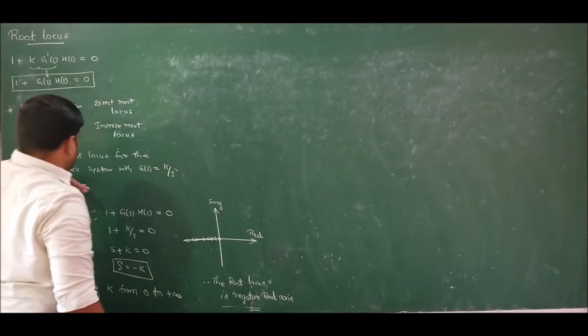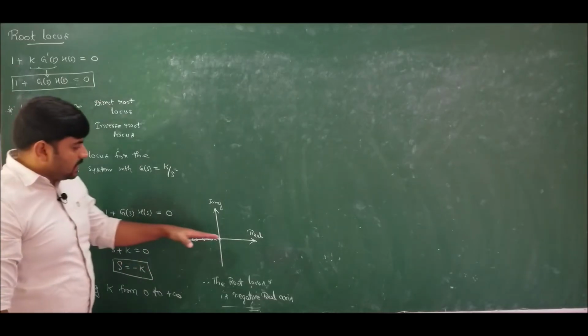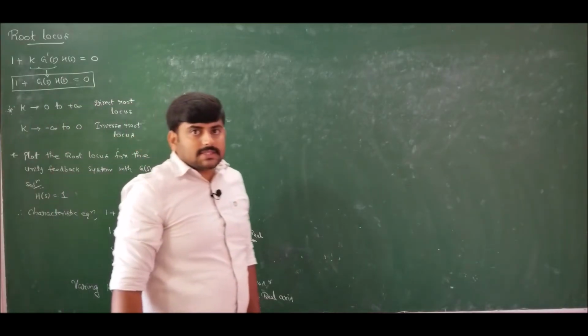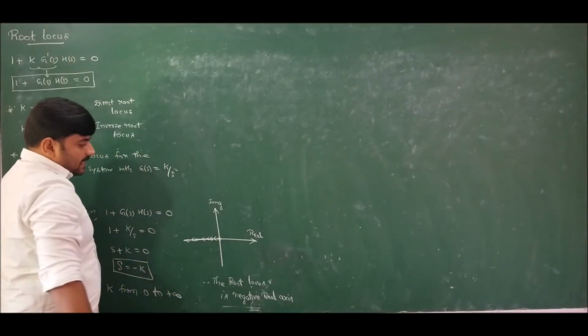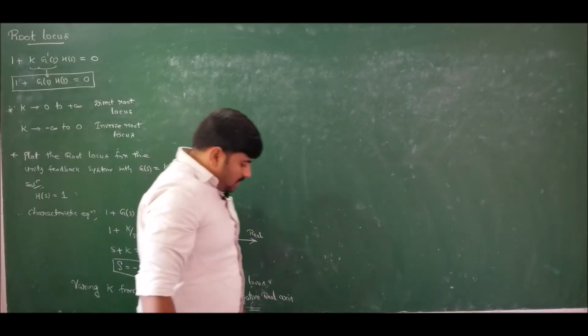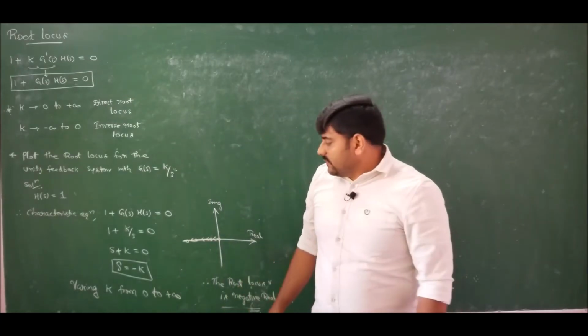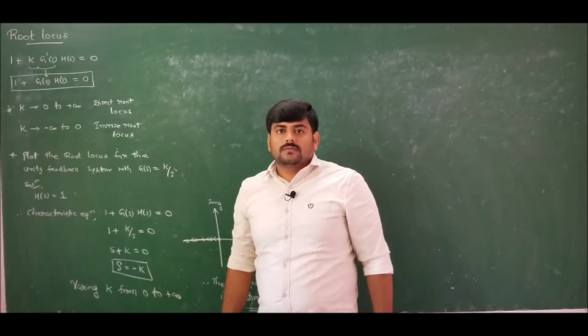So what is the solution for this problem? The root locus is the complete negative real axis, that is towards the left half of the S plane. Hope what is the meaning of root locus and why we are studying root locus is clear now.